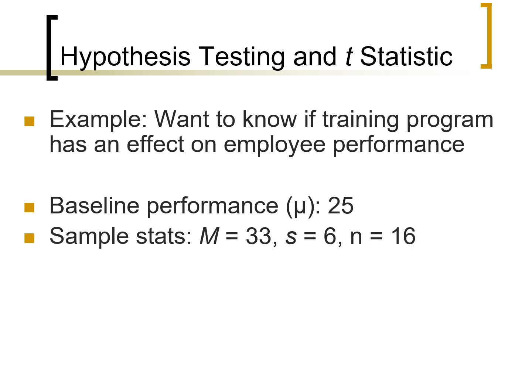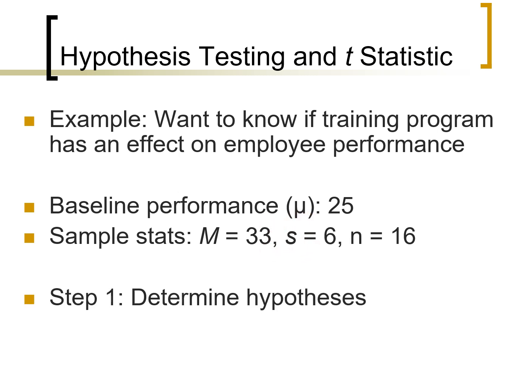So in this case, we do have a population mean of 25, but we don't have the population standard deviation anymore. So now we're going to have to use our sample standard deviation to get our estimated standard error. So what are our hypotheses? Basically, our null will say that performance for employees is equal, trained and untrained.